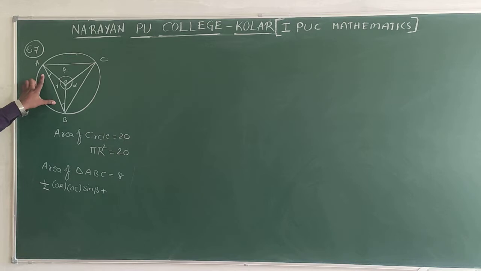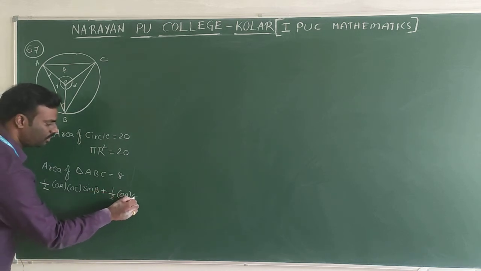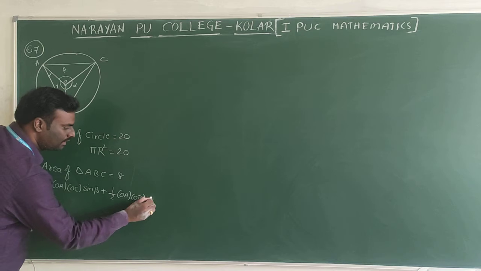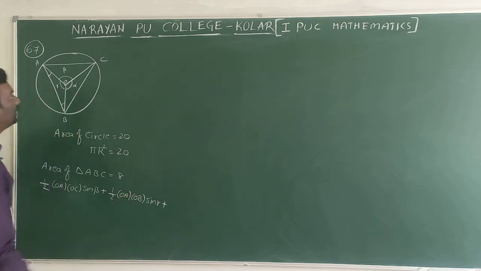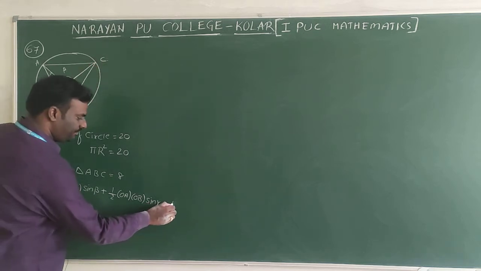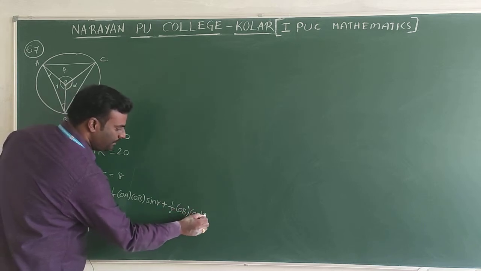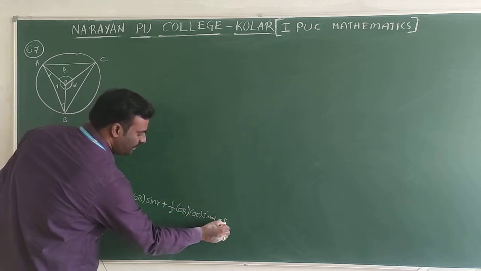Coming to this, OA OB with angle gamma, half OA OB sin gamma. Coming to this triangle, half OB OC sin alpha is equal to 8.